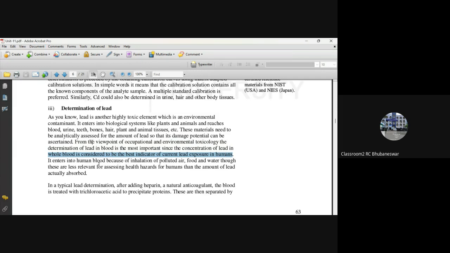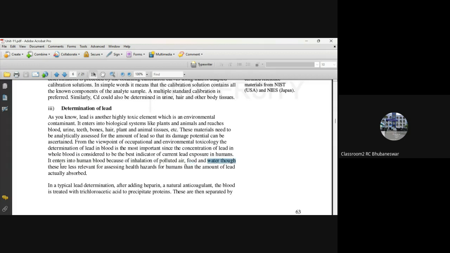because it is absorbed by the blood so easily. As I was discussing, in women the cadmium absorption is easy. Here also it is very easy, and it enters the human blood because of the inhalation of polluted air. Nowadays, lead contamination happens due to polluted air, your food, the fertilizers we are using, then water.